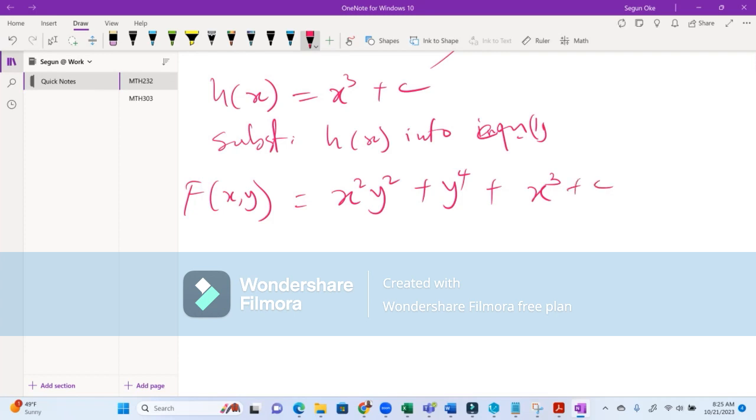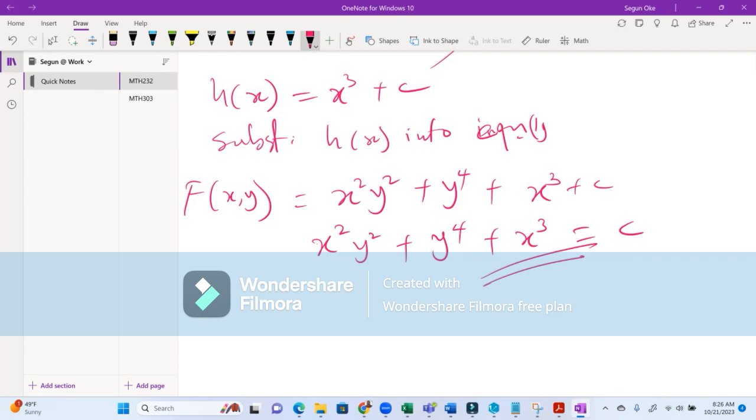But if you take c out of it, what do we have? We have x squared y squared plus y raised to power 4 plus x cubed equals c. You can claim that c is negative, but a constant is a constant, whether it's positive or negative. So therefore, this is our final solution.